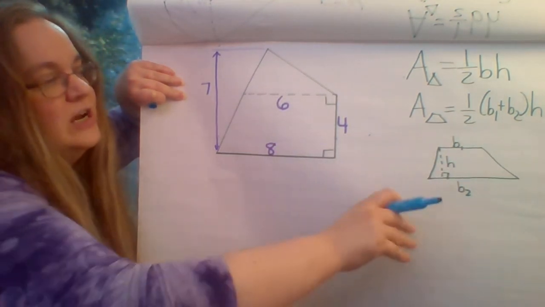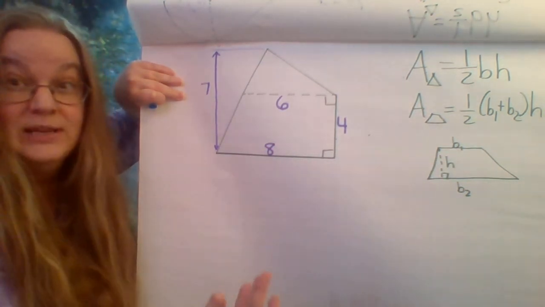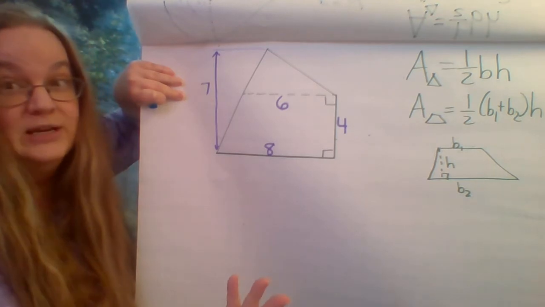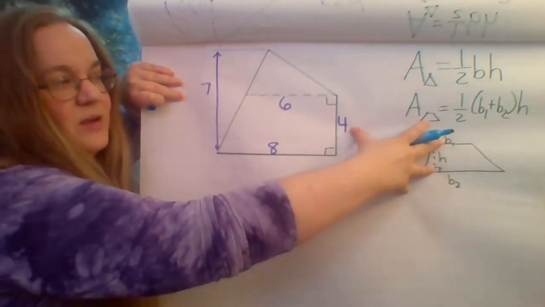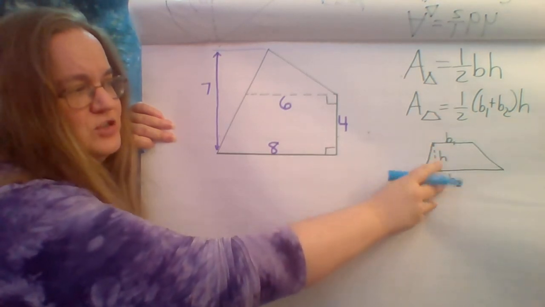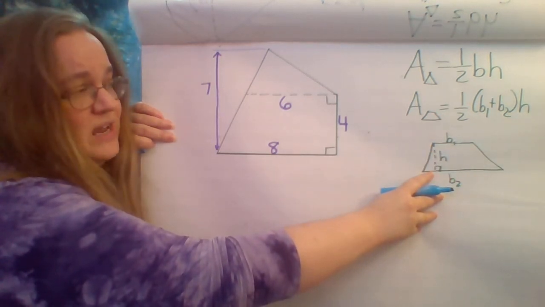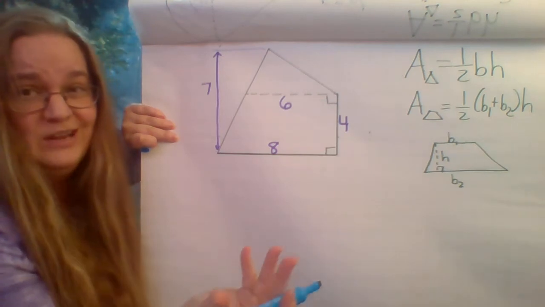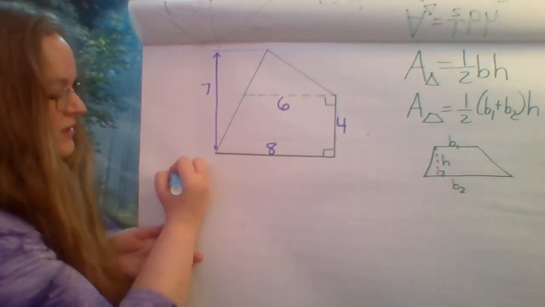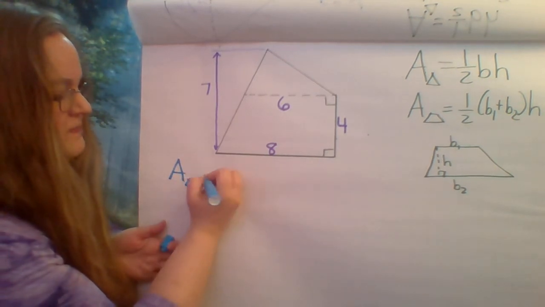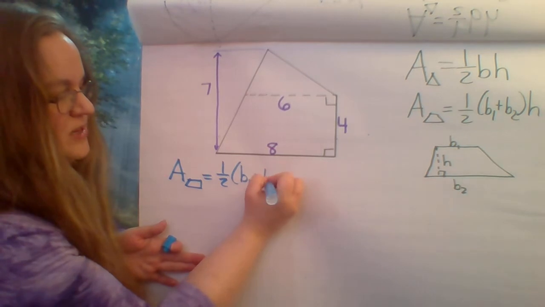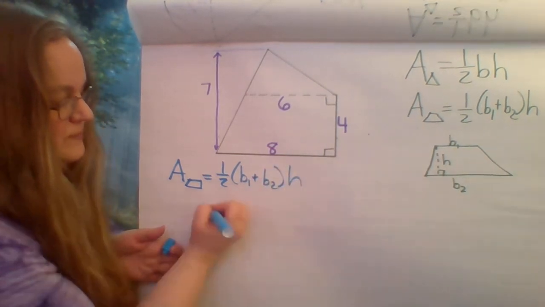That's an average. So we're basically kind of treating it like a rectangle once we've averaged the bases and multiplying it by the height. So it looks like a complicated kind of crazy formula, but really what we're doing is averaging the 2 different length bases together so that we can kind of treat it like a rectangle and do base times height. Okay, so if we take a look, my formula for a trapezoid equals 1/2 the first base plus the second base times the height.